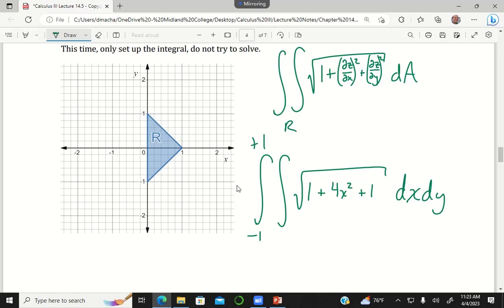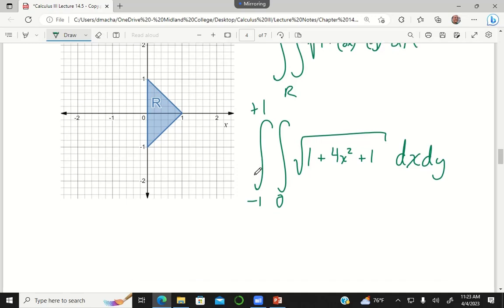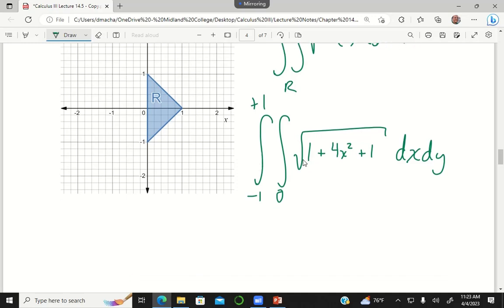But for my x variable, the lower bound would be 0, and the upper bound would be a piecewise function. Since the upper bound of my x variable would be piecewise, I would actually have to write 2 double integrals. That's like the problem I showed you at the beginning of class today. So if I wanted to do this dx dy, I would have to add up another double integral, 2 plus 4x squared dx dy.